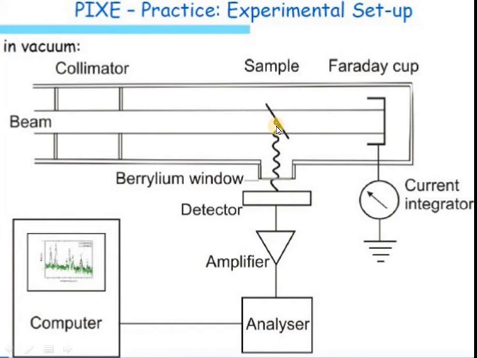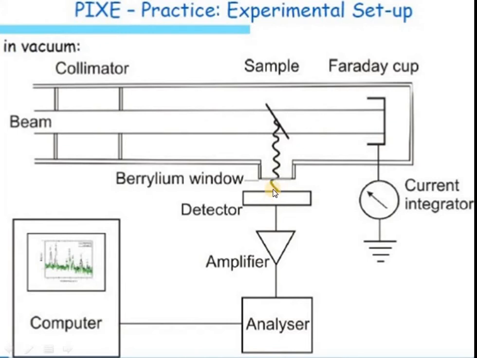The sample may contain a number of elements, or it may contain a single element. If there are multiple elements, you get different signals of different intensity or different energy. If it is a single element sample, you will get a monochromatic X-ray. So that depends on the sample composition.